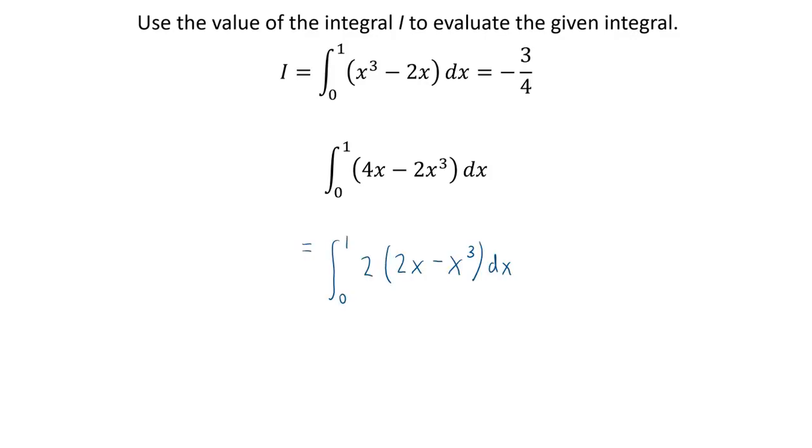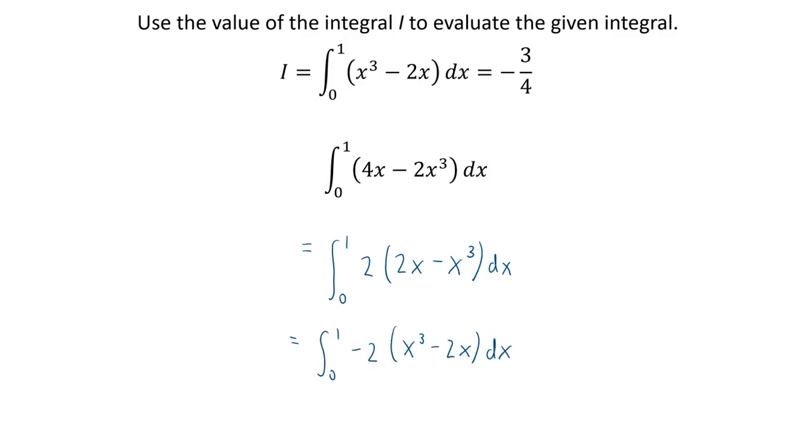That gives us the integral from 0 to 1 of 2 times the difference 2x minus x cubed dx. Now we're getting somewhere. We see that we have a 2x minus x cubed, and our given information contains an x cubed minus 2x, only the signs are different. So let's factor out a negative from each one of those terms now, and see if we can get x cubed minus 2x. And there we have it.